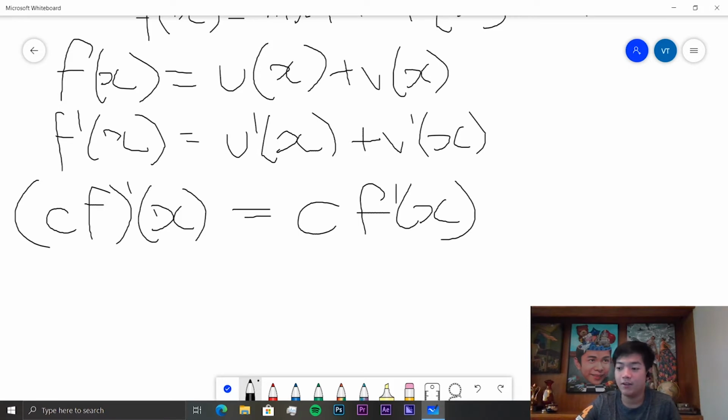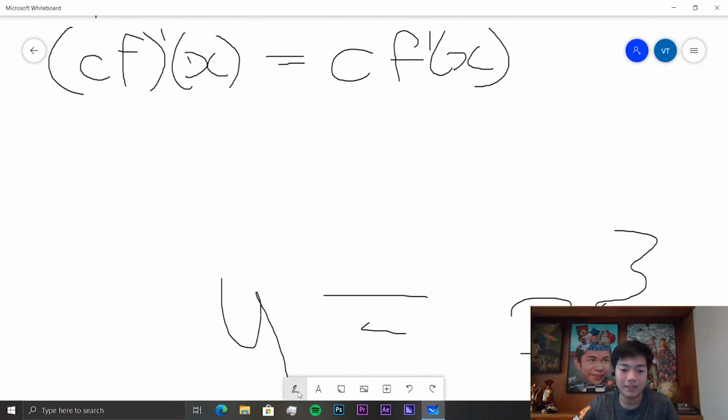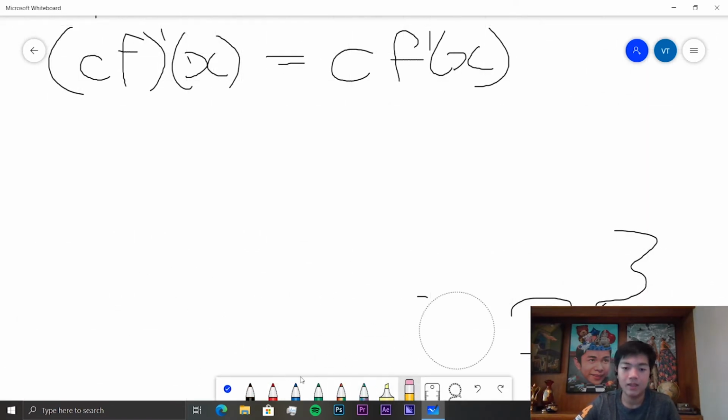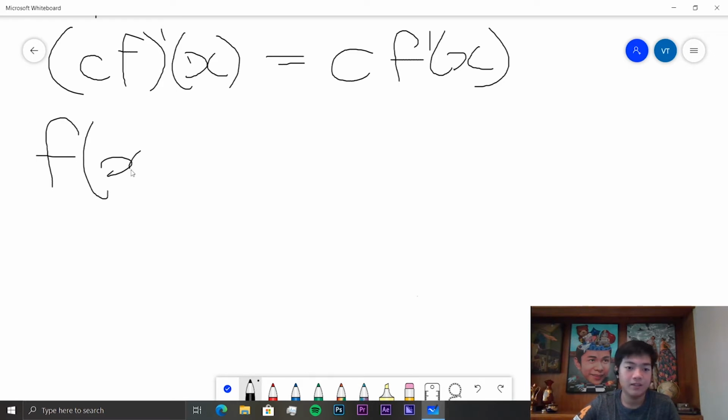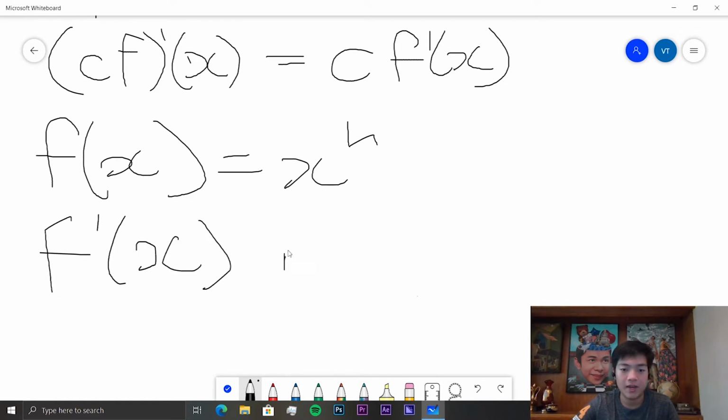And the final one, and probably the most important rule: if we have a function equal to x to the n, then its derivative will be equal to n times x to the n minus 1.